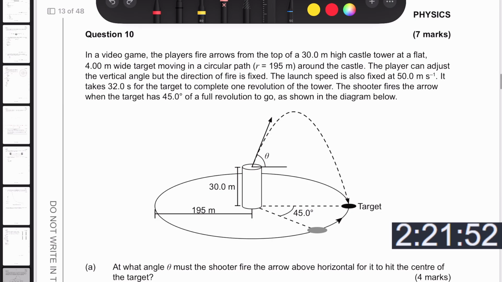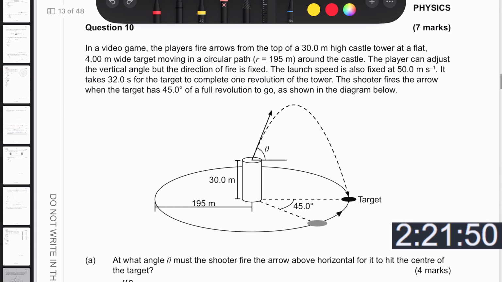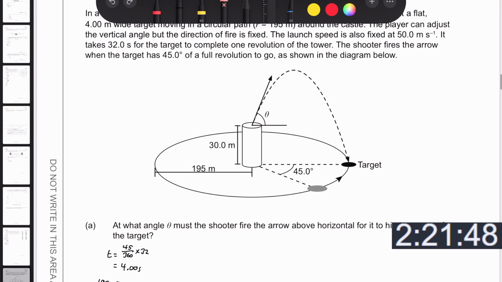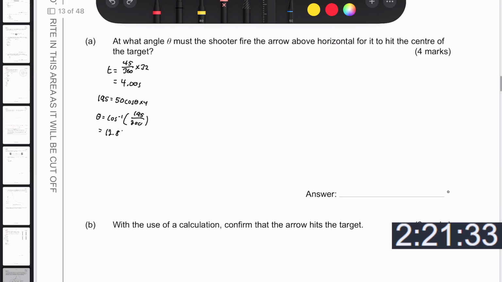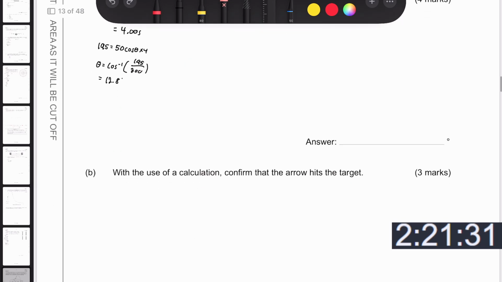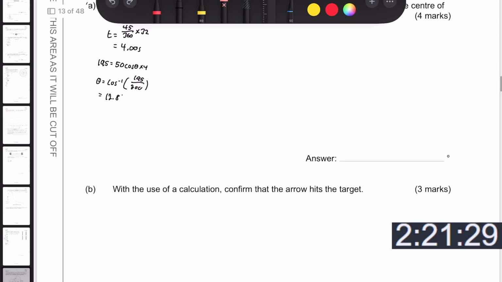The shooter fires the arrow when the target has 1/45 of a full revolution to go. Not so sure. Confirm that the arrow hits the target.